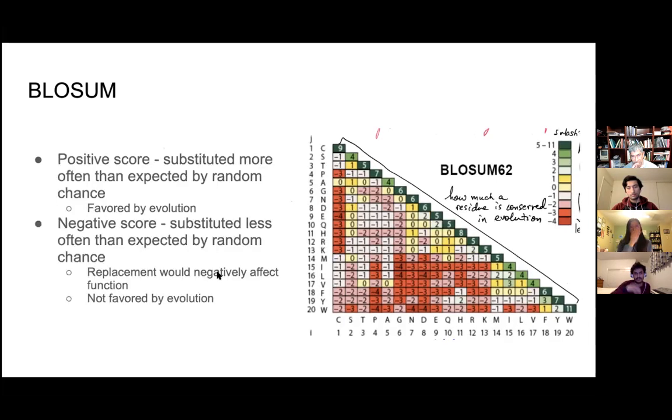So we'll get more into that, but here's the definition of the positive and negative scores. A positive score means it's substituted more often than expected by random chance, and that will be favored by evolution, whereas a negative score is the opposite, less often. And we're going to say that's not favored by evolution because it's probably that replacement will have some detrimental effect on the function of the protein and won't be able to function like normal.